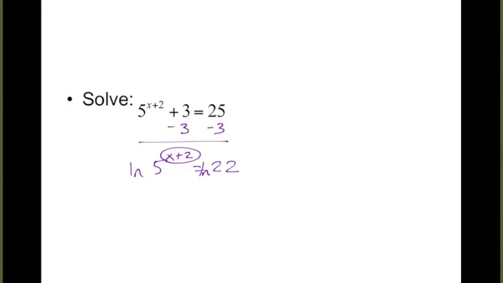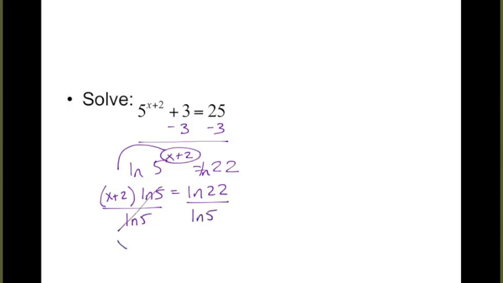We're going to take the x plus 2, the power, and drop it down front as a multiplier. To undo multiplication, we divide. But x is still not totally alone, so I need to subtract 2.